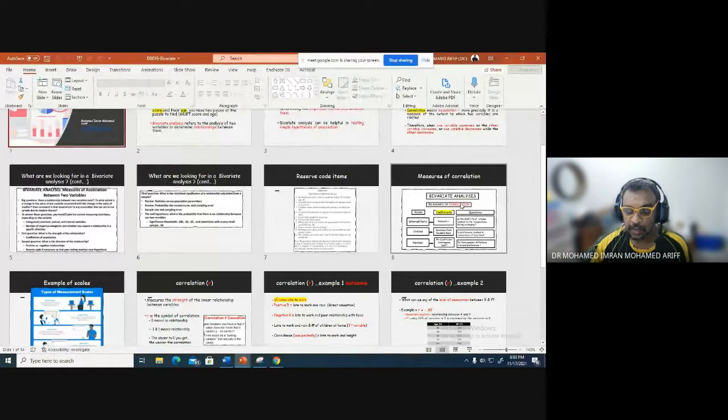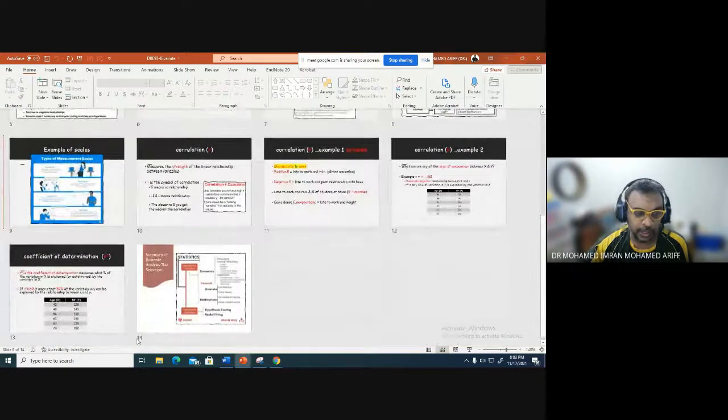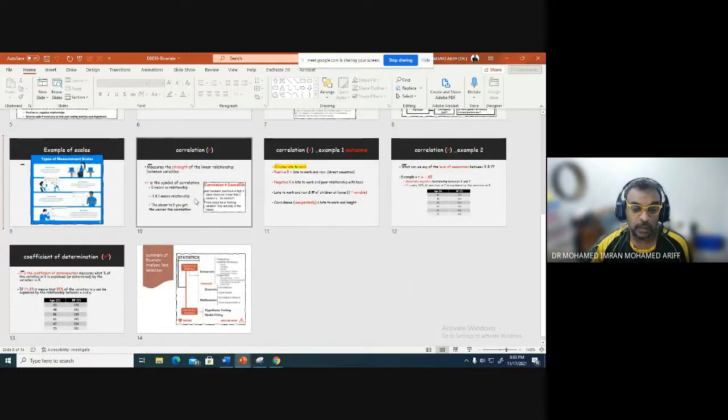In bivariate analysis our main objective is to look for correlation. So what is correlation? We are going to explain that in the next few slides, and we are also going to determine the coefficient. When we talk about bivariate analysis, we are not running away from correlation and coefficient.